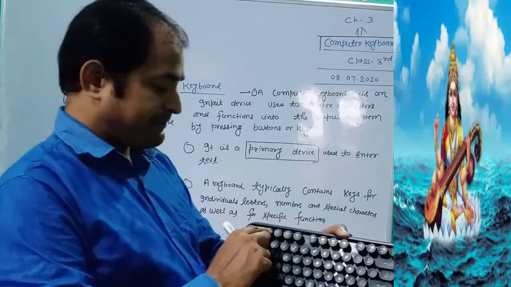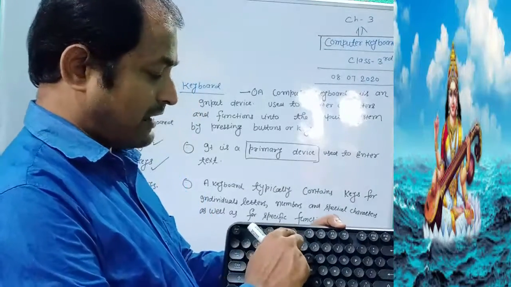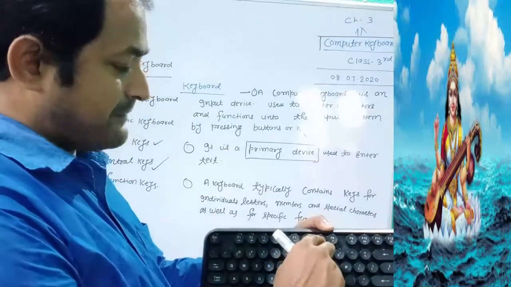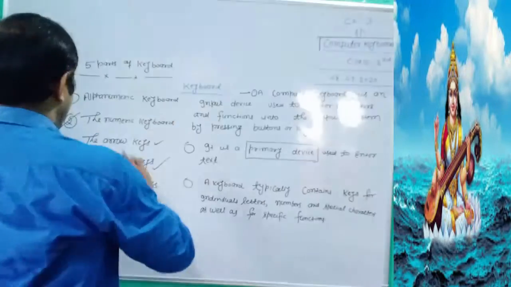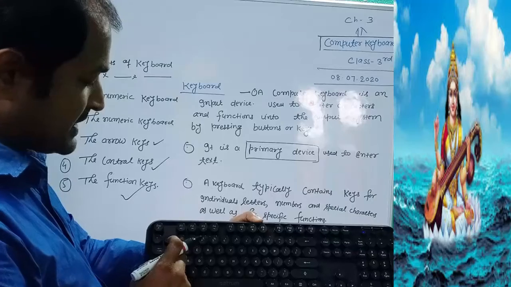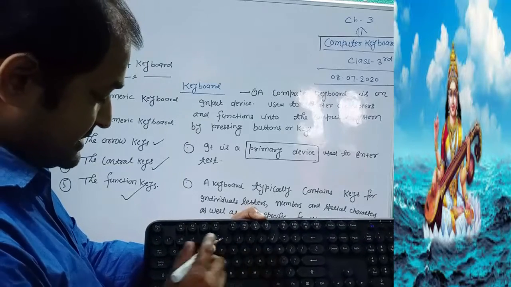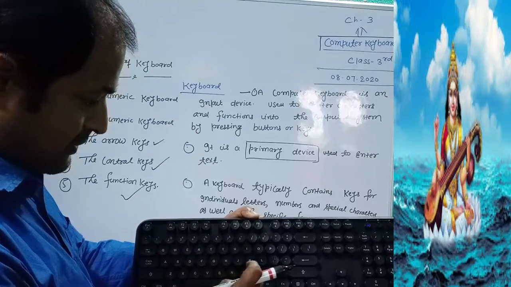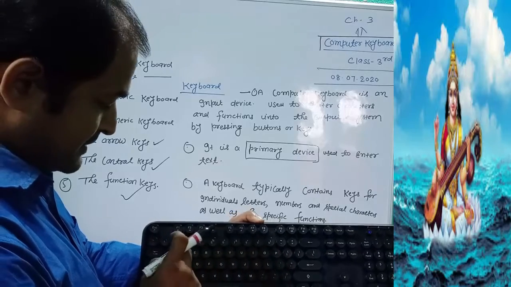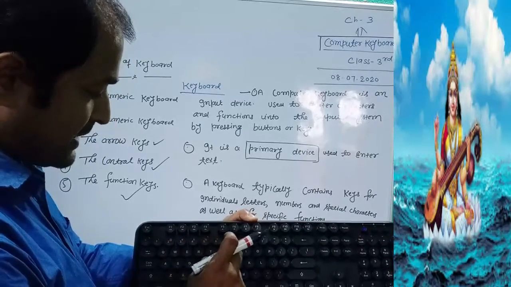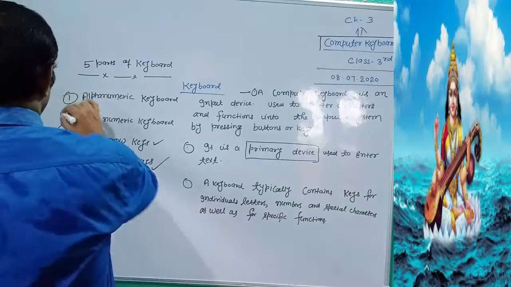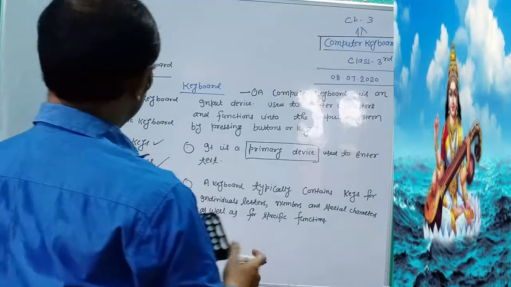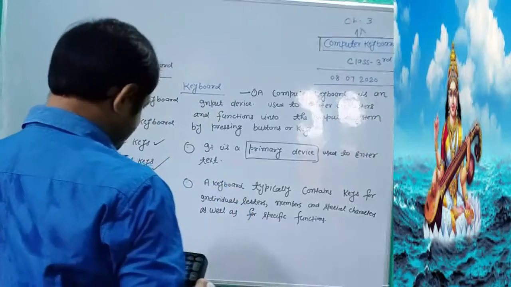The function keys are F1, F2, F3, F4, F5, F6, F7, F8. And the alphanumeric keys are Q, W, E, R, T, Y, U, and A, S, D. These are the 5 parts of the keyboard.